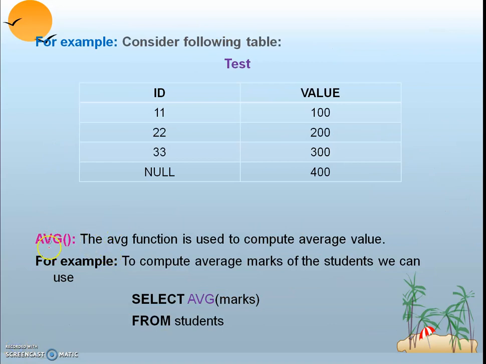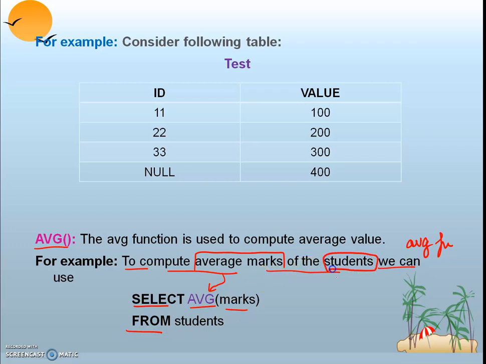For the average function, I have a query to compute the average marks of the students. We can use the average function like this. The thing which we need as the output, the average of marks, we write in the SELECT command: SELECT AVG of marks FROM the table student.